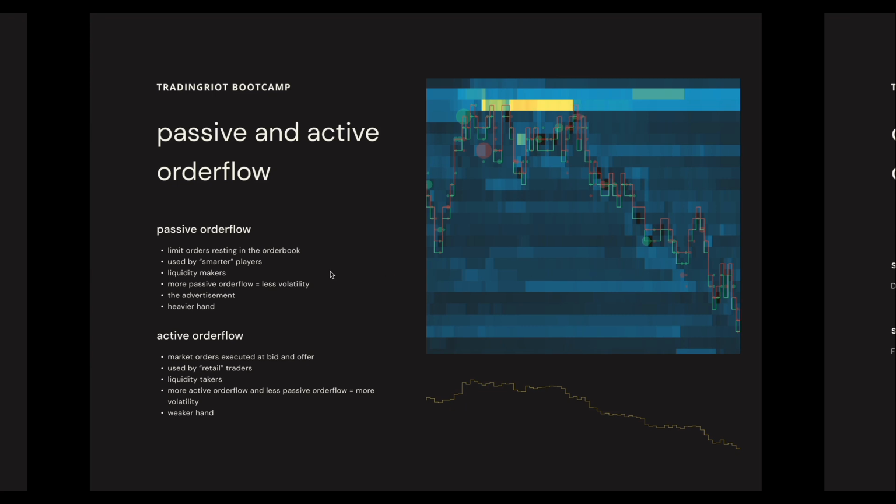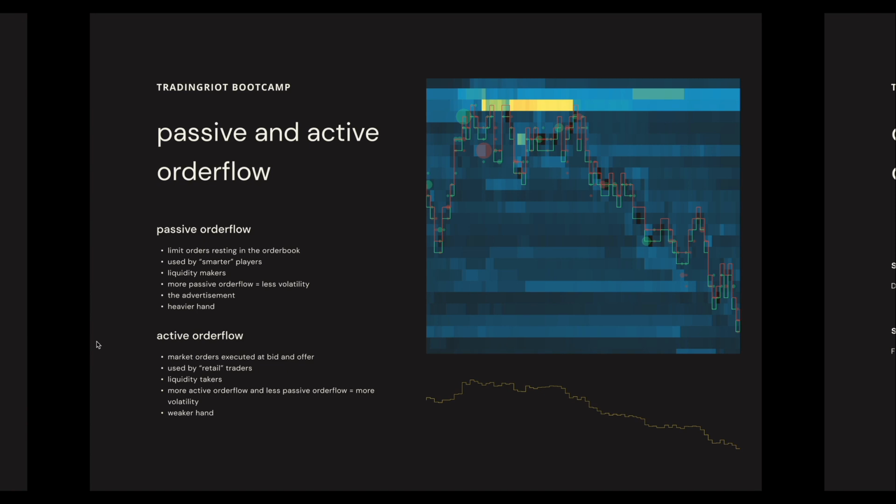The active order flow are the market orders. You can see them here, this is the cumulative volume delta. We will cover this in a bit. These are the market buyers and sellers. Like I said, this shows the market orders. They are used by retail traders, which is not the best term to use, but overall the smaller speculators who just don't want to wait for any favorable prices.